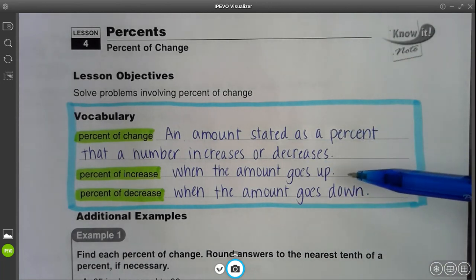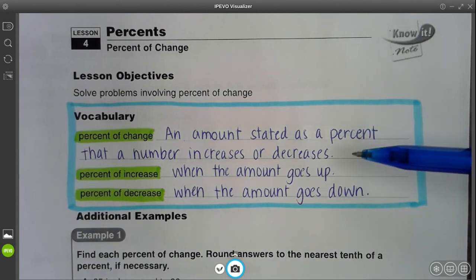So percent of change is an amount stated as a percent that a number increases or decreases. So for example, let's say last year a business sold, to keep it simple, like $2,000 worth of merchandise, okay? And then this year they sold $3,000 worth of merchandise.